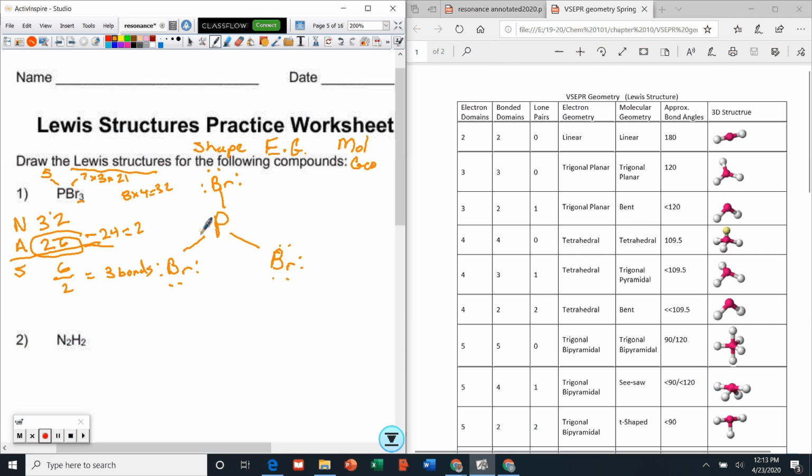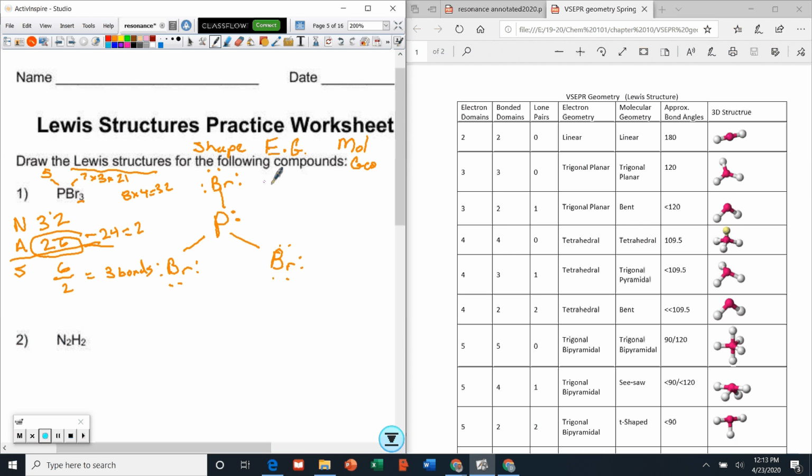Notice what's wrong with phosphorus here. Phosphorus only has 6 electrons around it. So if I put 2 more to finish out that octet, now phosphorus has 8. Each bromine has 8. All right? So that is the Lewis structure.